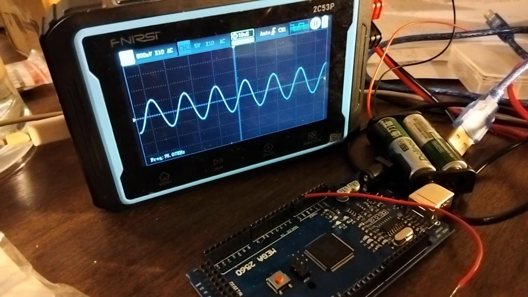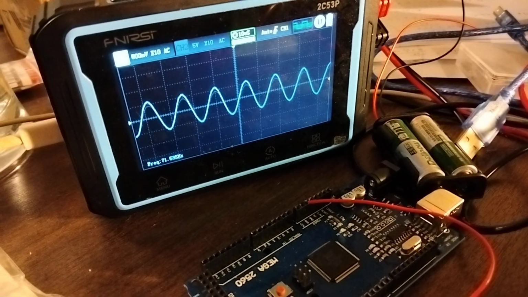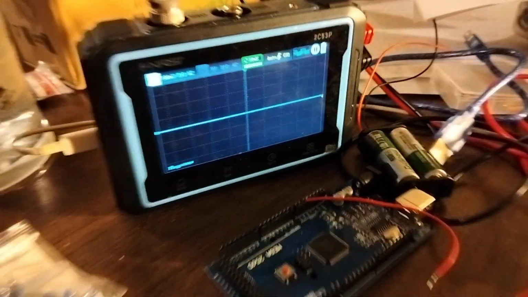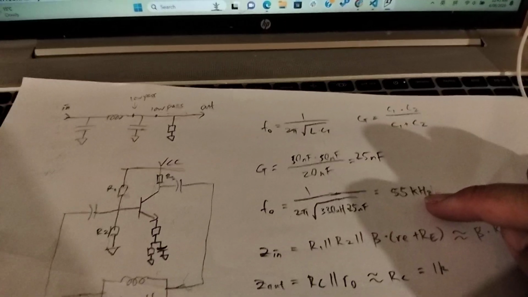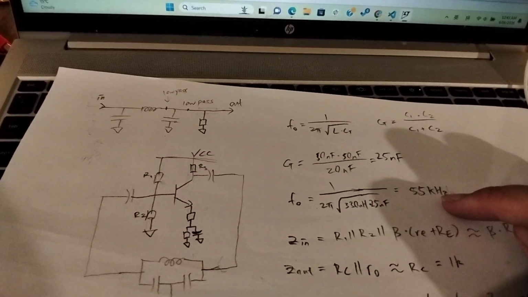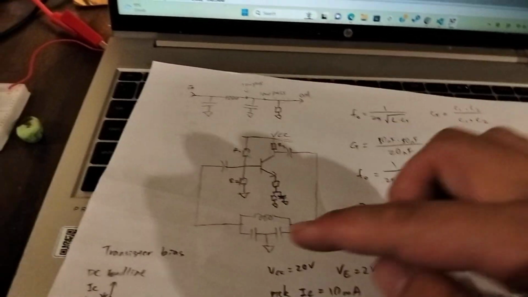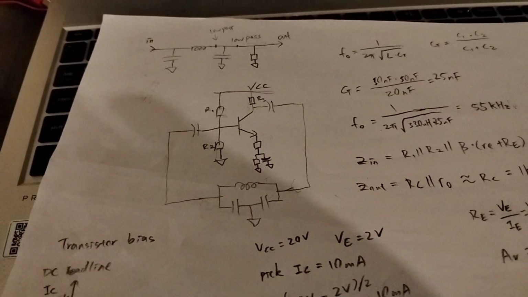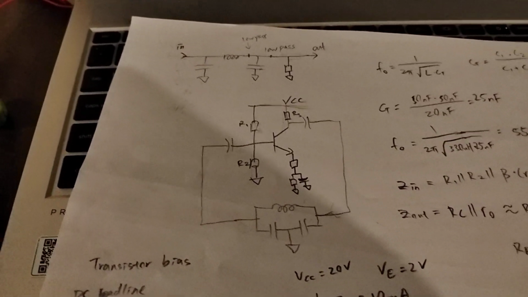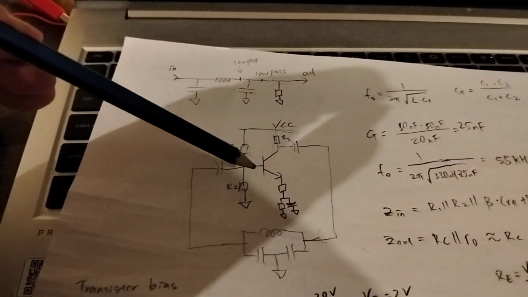Now the wave is very smooth, and there's no distortion whatsoever at 71 kilohertz. As you can see, the calculated frequency is supposed to be 55 kilohertz, but it fell to 71 because it's at 71 kilohertz that the components of my circuit achieve a phase shift of 0 and a gain of 1 at near saturation and cutoff for the transistor.